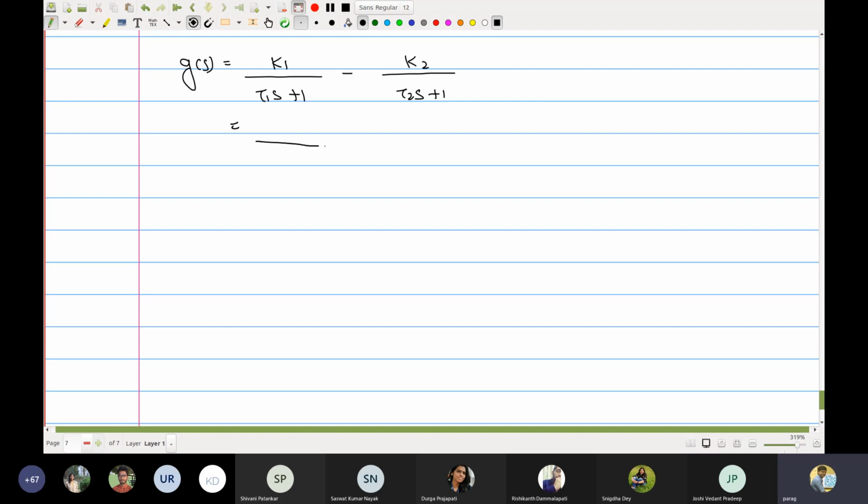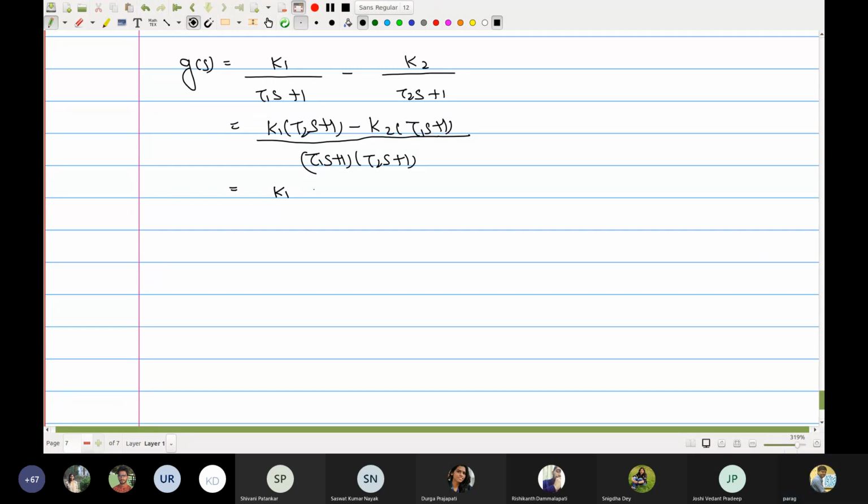Which means this is equal to, over tau 1 s plus 1 times tau 2 s plus 1, K1 times tau 2 s plus 1 minus K2 times tau 1 s plus 1, right?